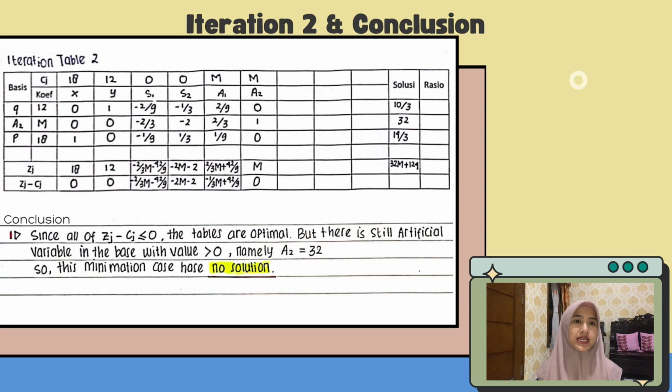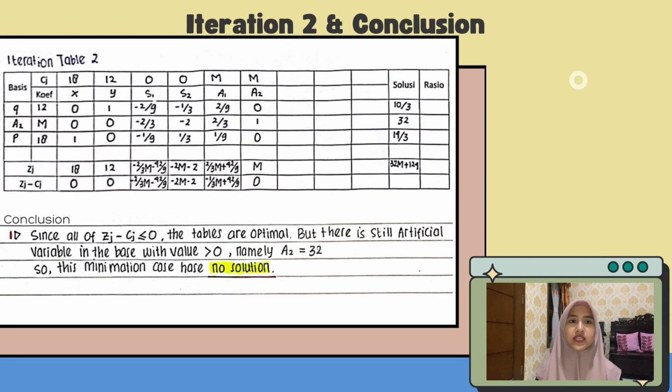So A1 is replaced with Q and M is replaced with 12. Then the row containing the key cell is changed to the number 1, so that the row is multiplied by 2 over 9. Then the other rows are operated using the formula of the old row minus the key column multiplied by the new key row.